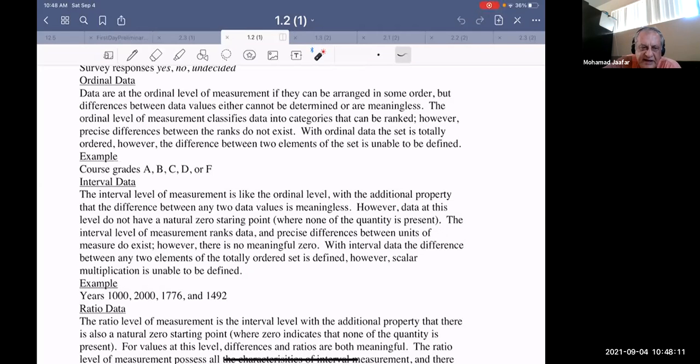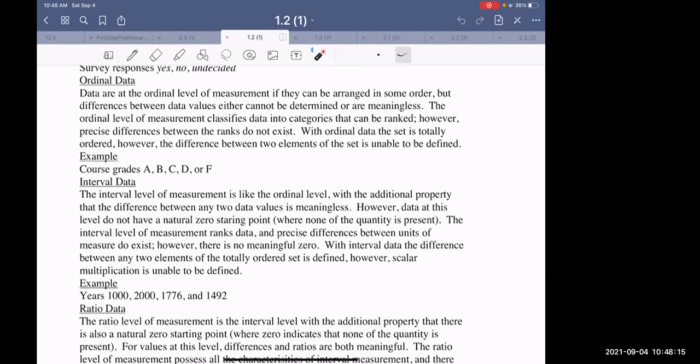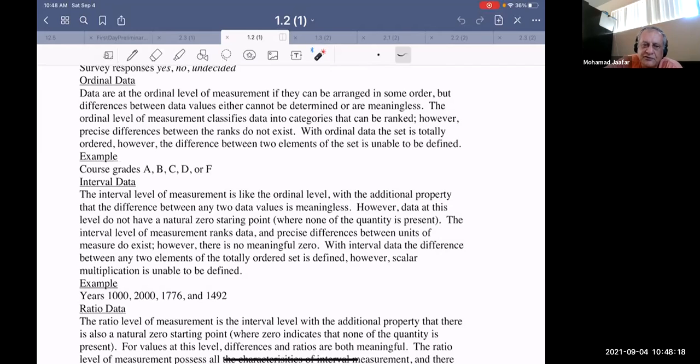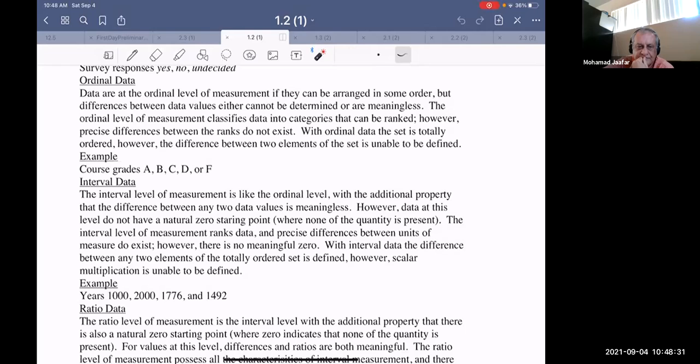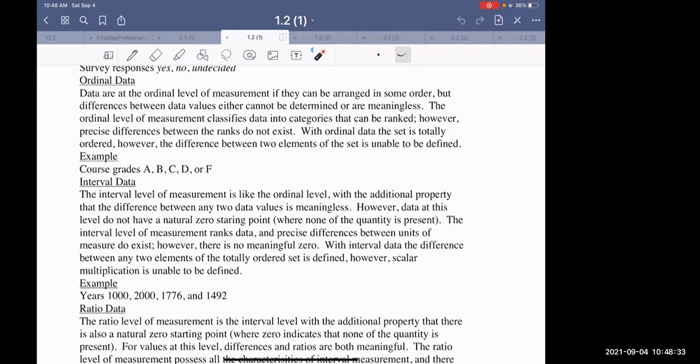0 degrees centigrade is the temperature of ice. Yeah, for Celsius, 0 degrees is the freezing point of water at 1 atmosphere, and 100 degrees Celsius is the boiling point of water at 1 atmosphere.